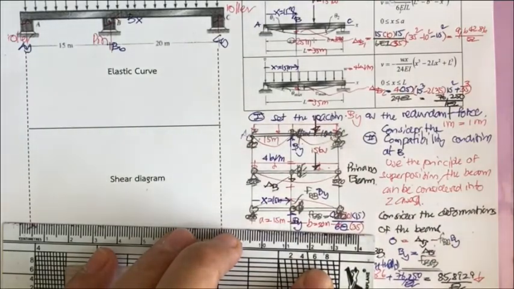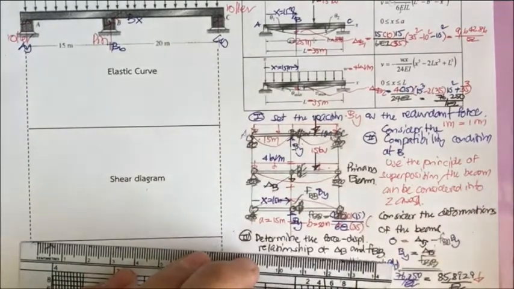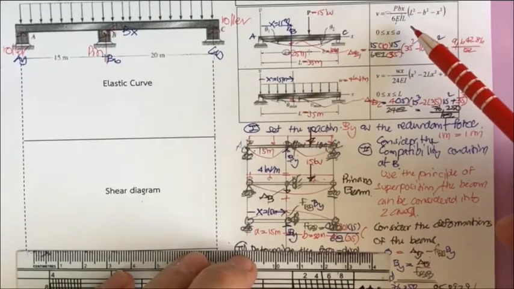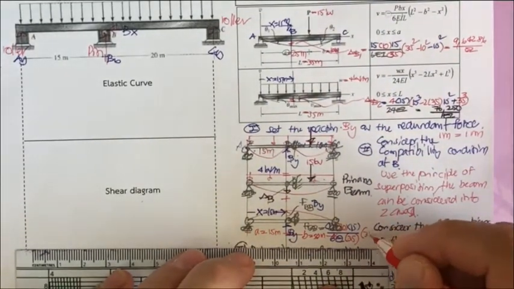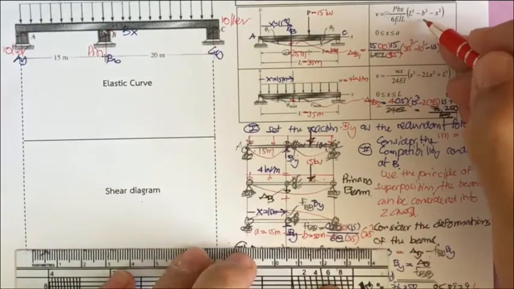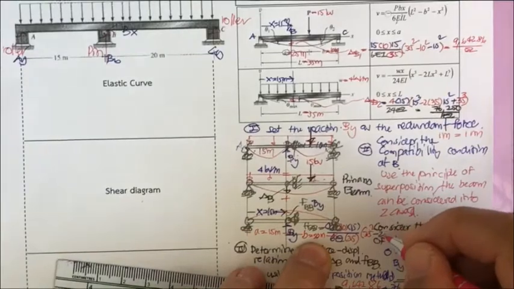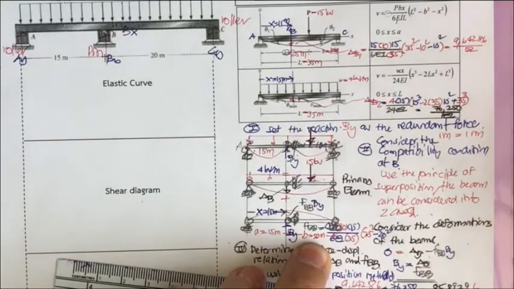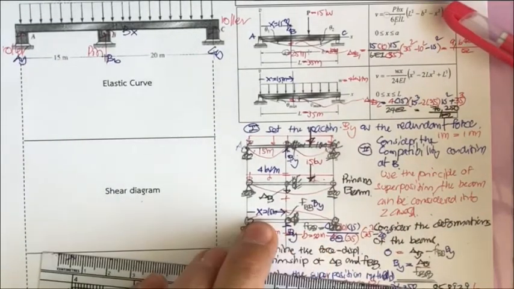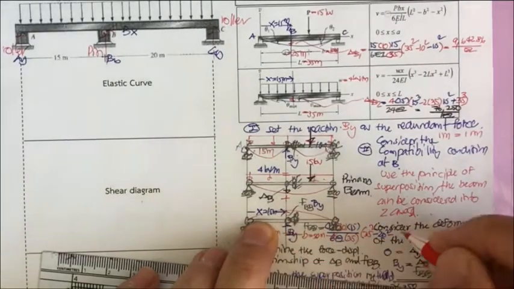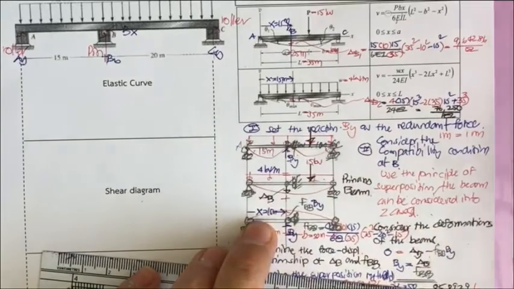And in the parentheses, you may put L squared, which is 35 squared, minus b squared, minus 20 squared, and then minus x squared, minus 15 squared.